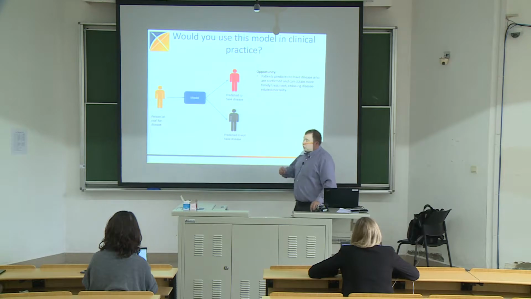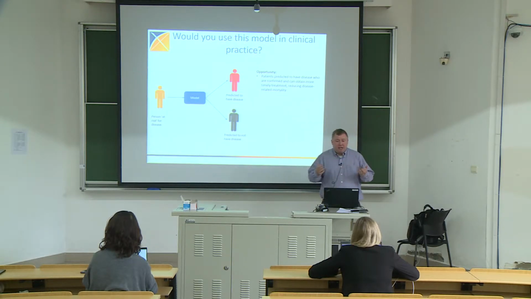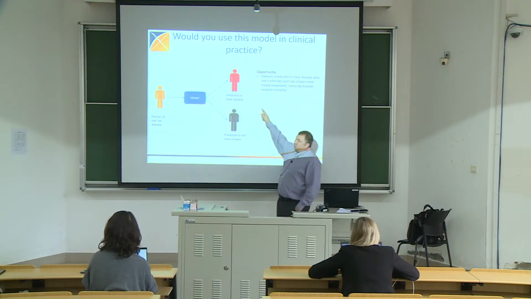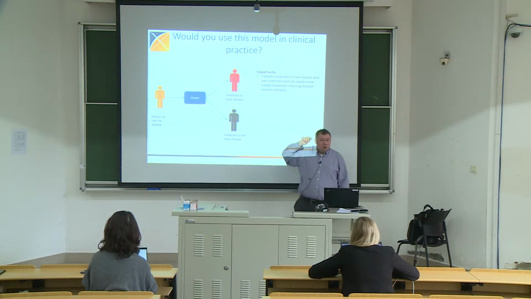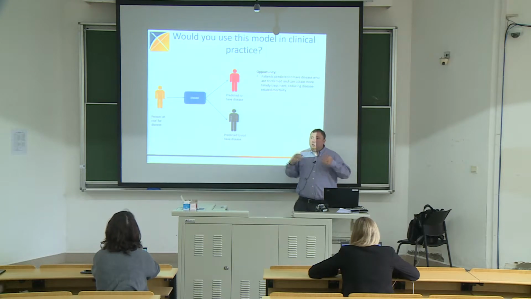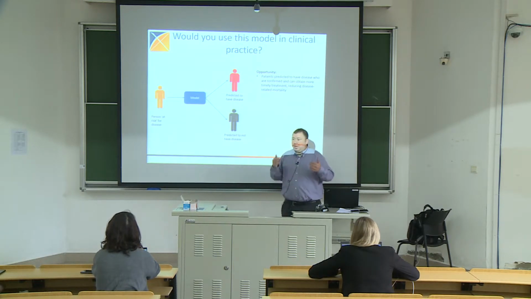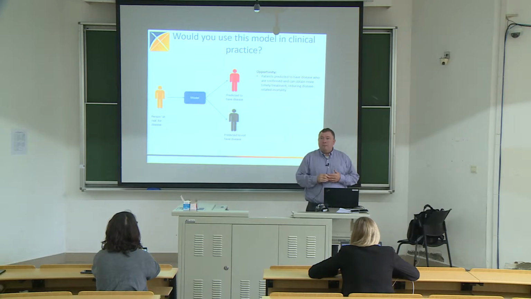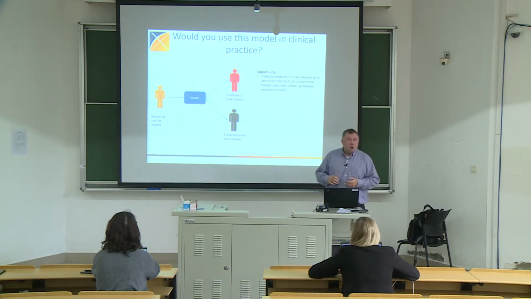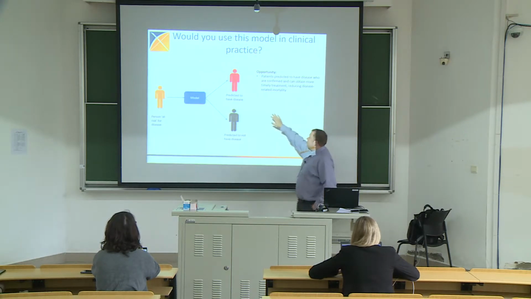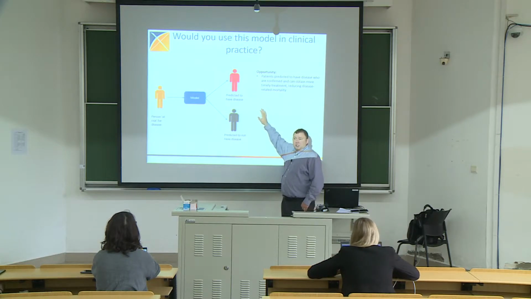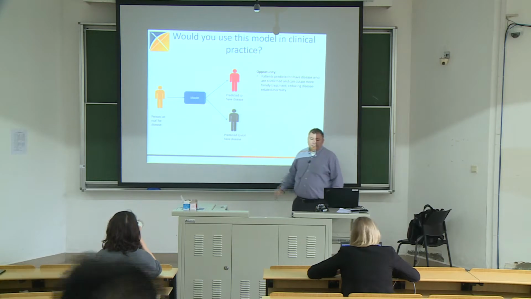Now, the opportunity of applying a model like this is that for those patients who are predicted to have the disease, we might be able to do something for those patients. We might be able to treat them or monitor them more closely or otherwise just intervene on those patients to try to prevent the outcomes of the disease from happening.